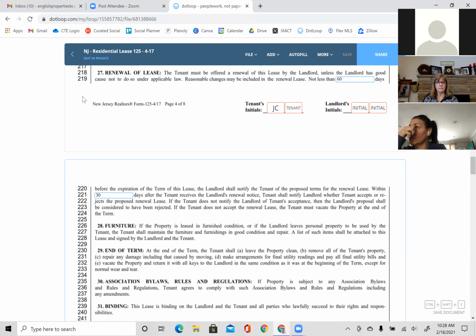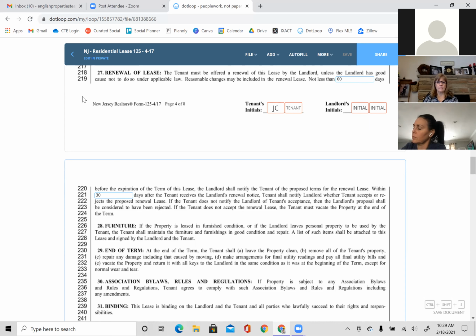So for the renewal of the lease, we'll say it this way. The renewal lease has to be offered to the tenant from the landlord, unless the landlord has a good reason not to do so. So for example, if they're a very good tenant and they've done nothing wrong, they've abided by the lease, they've paid their rent on time, they don't break any of the rules, they take care of the property, the landlord doesn't really have any good reason to not offer them the renewal.